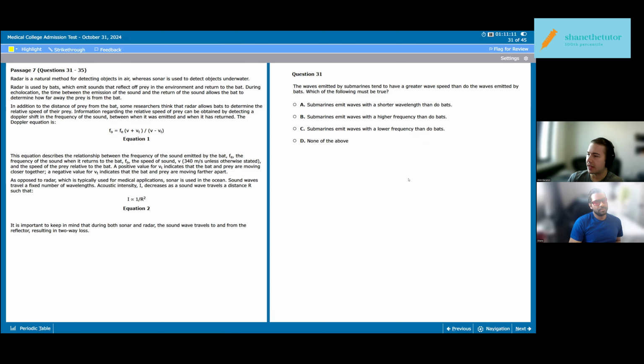They're then able to see how long it takes for that sound to travel a distance and be reflected the same distance back from whatever it was. And then they're able to figure out how far the thing is using time.